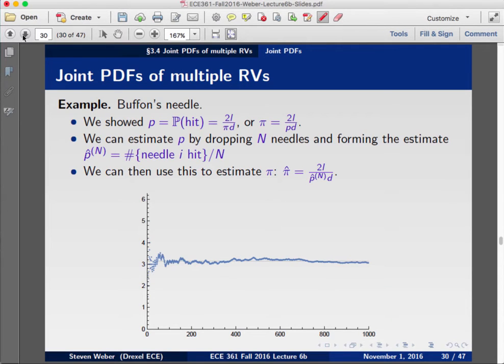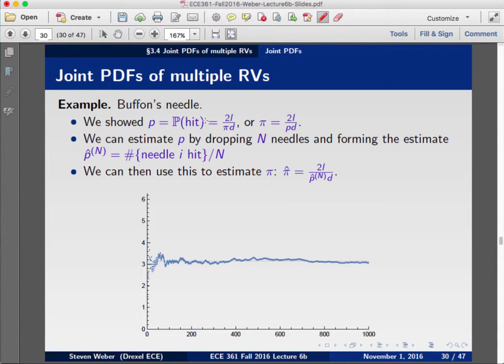Now, one of the original thoughts here was that when this was derived, it was observed that the quantity pi pops in, and it may or may not be intuitive to you why pi should appear, but nonetheless it does. If we let little p be the probability that the needle hits, we just showed on the previous slide that little p equals 2L over pi d.